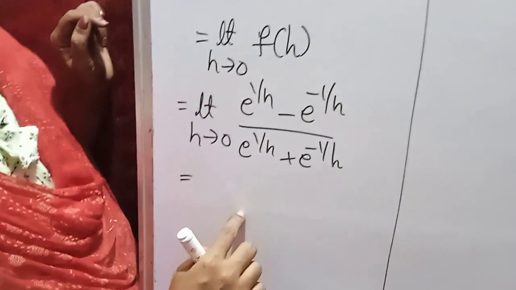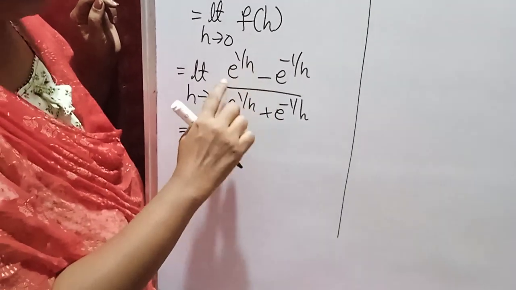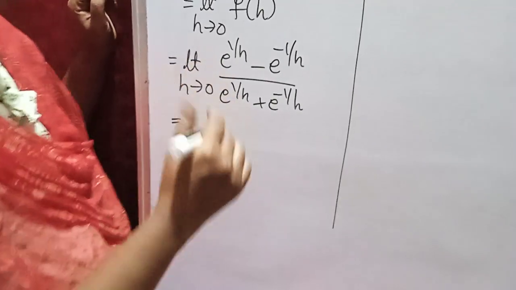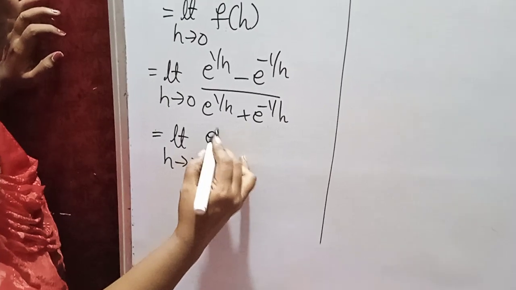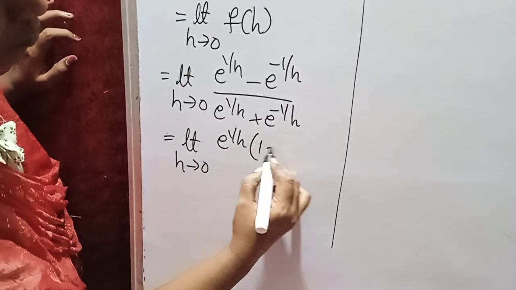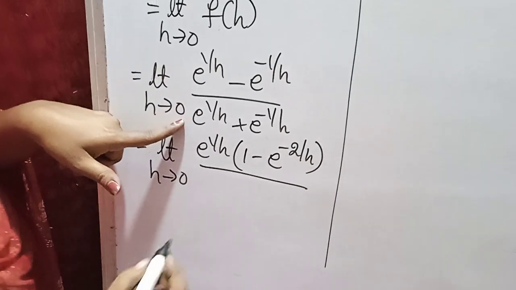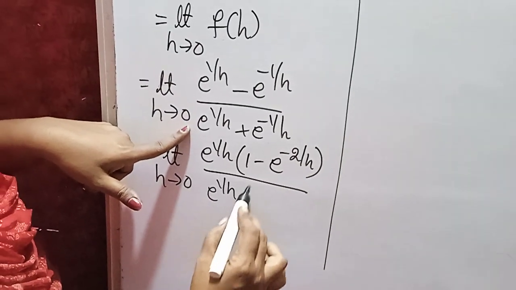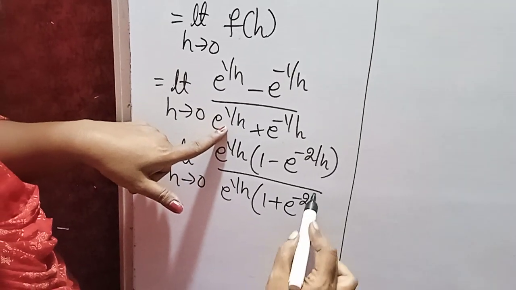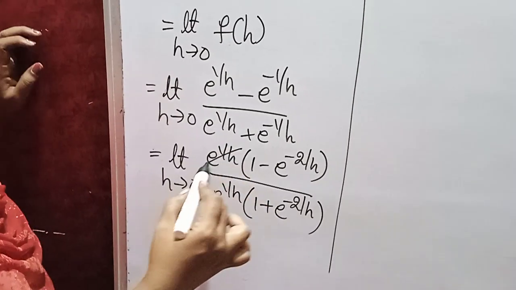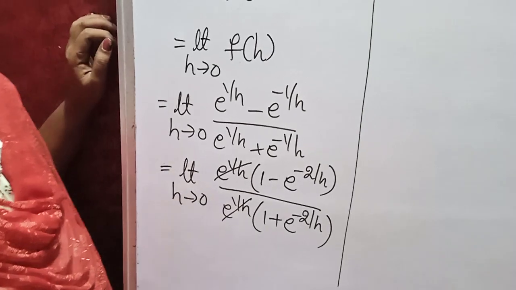So, in the next step, I will take e power 1 by h as common from both numerator and denominator. So, that will be equal to limit h tends to 0 e power 1 by h times 1 minus e power minus 2 by h. Similarly, in the denominator, e power 1 by h common, this is 1 plus e power minus 2 by h. Both e power 1 by h get cancelled in numerator and denominator.